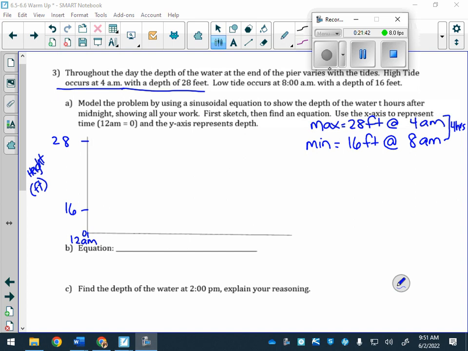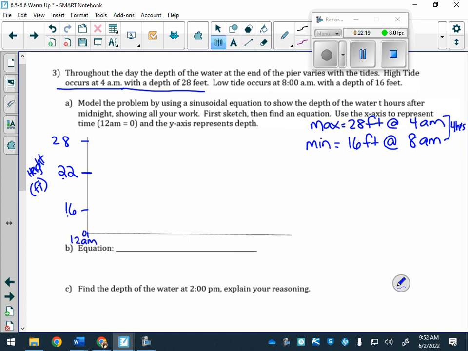David, the midline. How did you figure out the midline? So you added these guys, right? 28 plus 16, what did you get? Divide by 2, right? And what's our midline? 22. So our midline is 22.